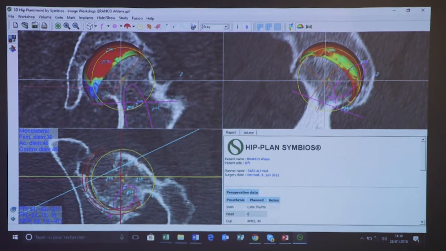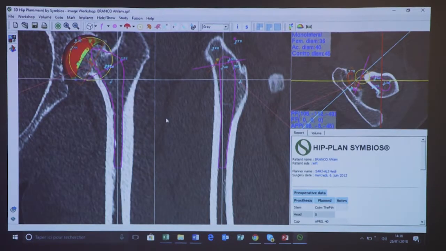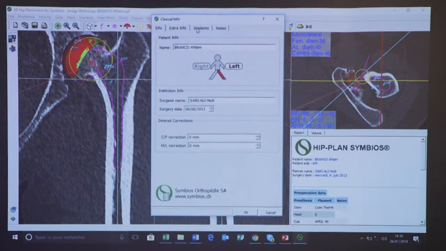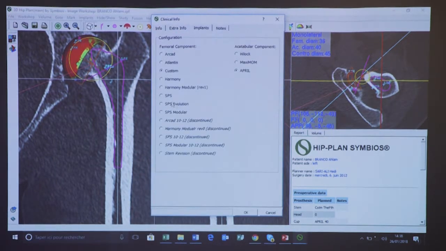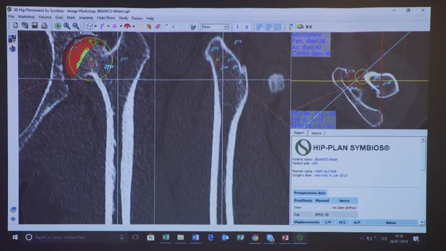So afterwards, now, let's go to the femur. Okay, you have the solution directly, but let's say that we want to try, I don't know, an anatomic stem. Of course it will be too big.